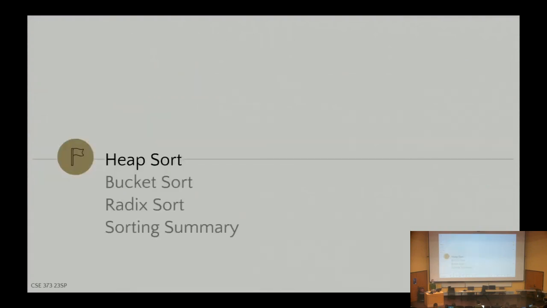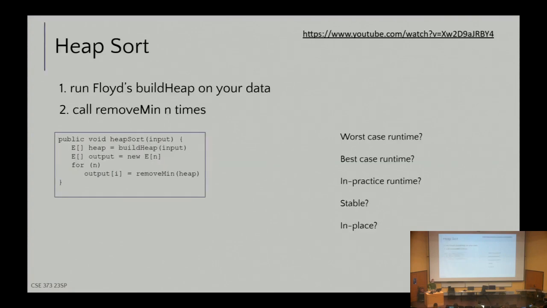Okay, I also told you there's another category of sorting algorithms. What if we use a structure that we've already learned? Welcome to heap sort. If you remember, I taught you something called Floyd's build heap. That's the algorithm where instead of adding items individually into the heap and letting them percolate down, what if you just add absolutely everything all at once and then call percolate down starting at the bottom level and then the levels up and up?